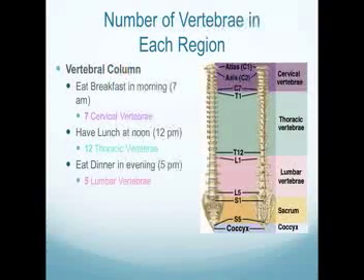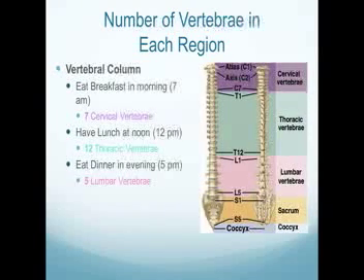We have this little mnemonic or system for looking at how many vertebrae lie within the cervical, thoracic, and lumbar vertebral regions. When you look at the cervical vertebrae, you're going to find that there are 7 cervical vertebrae. So the way we teach this is, think of eating breakfast at 7 in the morning. So eat breakfast at 7.